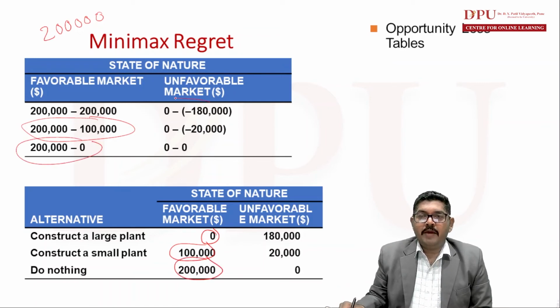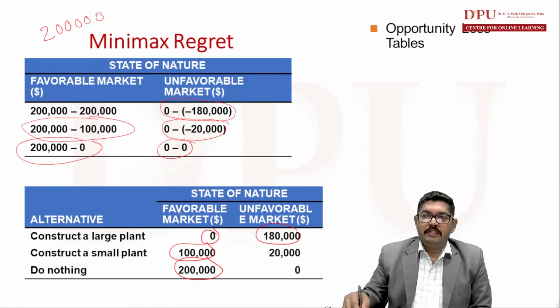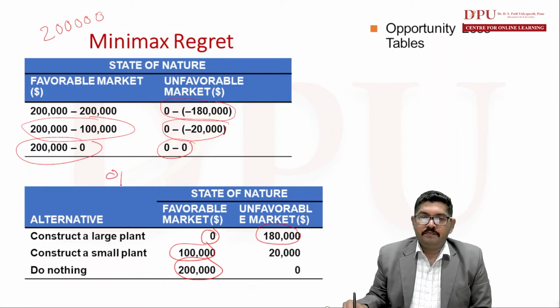Then 0 minus 1 lakh 80,000 is 1 lakh 80,000 when the market is unfavorable and we choose to construct a large new plant. Similarly, 0 minus 20,000 is 20,000, and 0 minus 0 is 0, right? So this is the opportunity loss table.